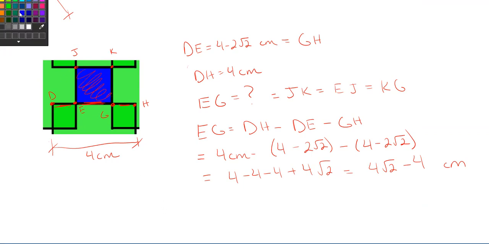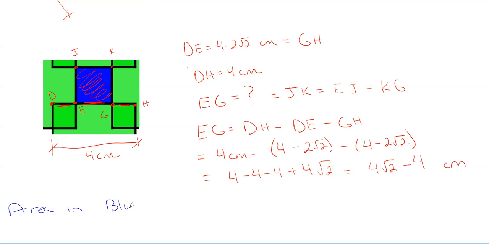So my overall area in blue would just be this squared, because it is a square. And once again, you could prove that, but since everything is a regular octagon followed by 4 equal internal squares, everything would be exactly the same if you just do each corner. So what we have going on here would be 4 square roots of 2 minus 4 multiplied by 4 square roots of 2 minus 4.